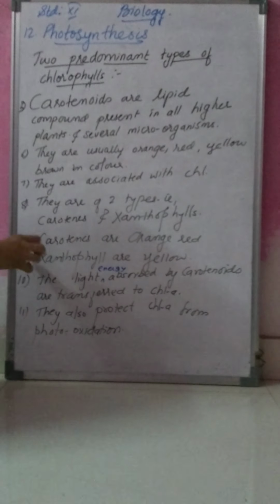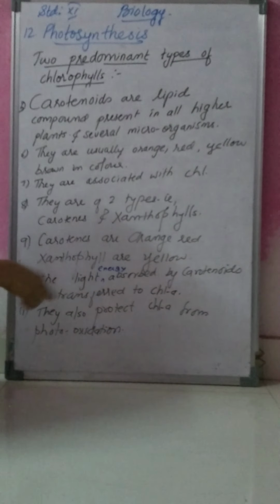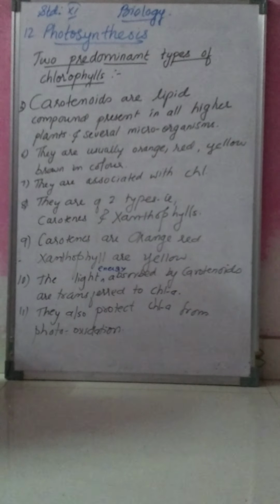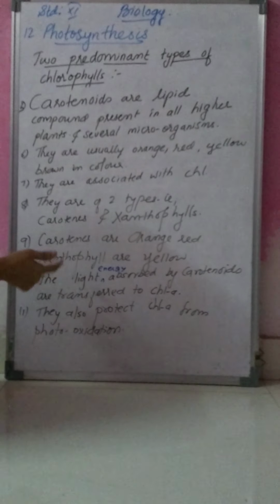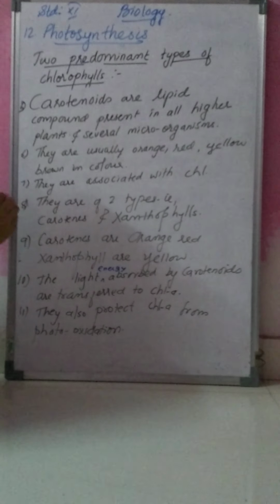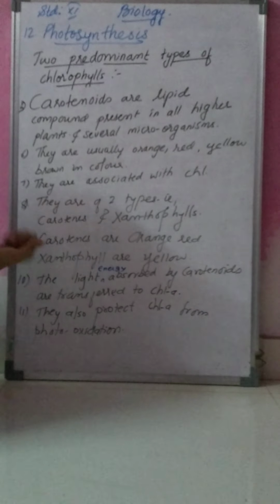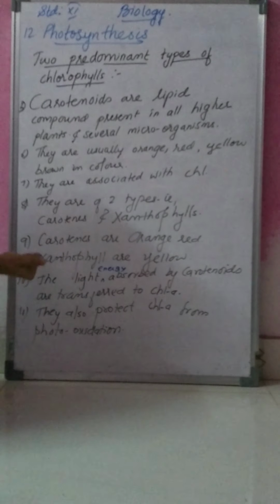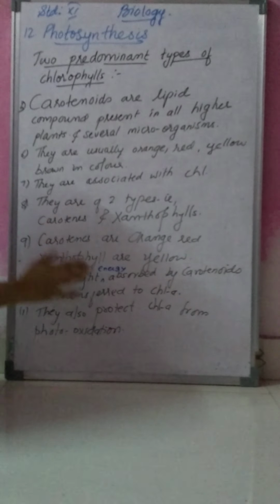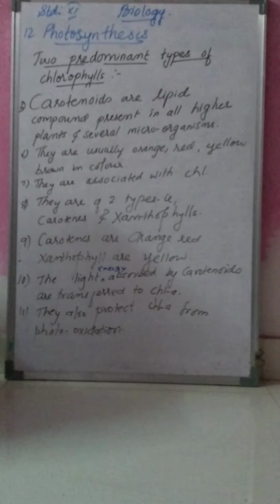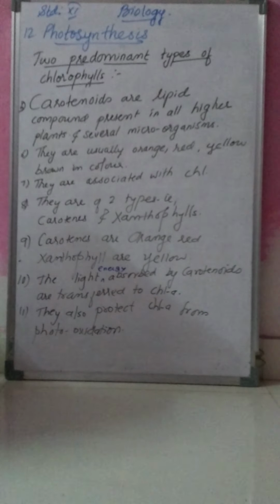They absorb light energy from the sun, and they transfer it to chlorophyll A. All the different pigments, chlorophyll B also, along with carotenoids, absorb light energy from the sun, and they do not keep it with them. They transfer that light energy to chlorophyll A.